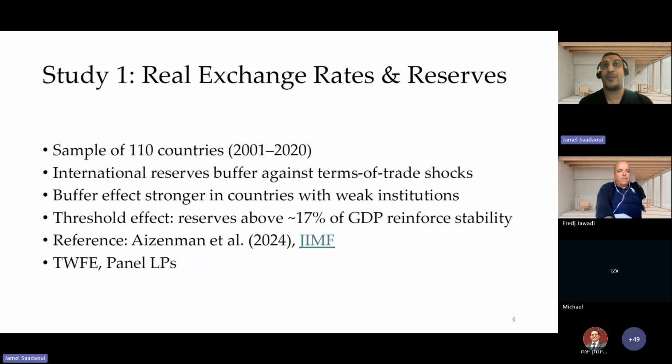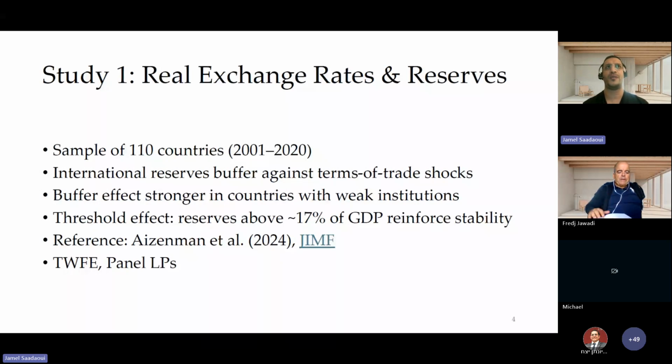So these positive terms of trade shocks imply exchange rate appreciation and exchange rate volatility. This is something that the central bank would like to limit to have a stable relationship with growth.